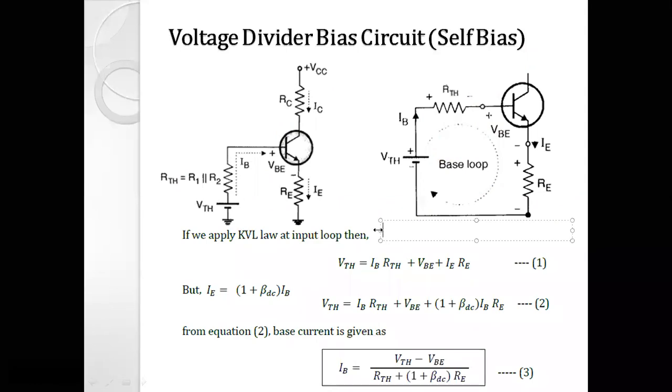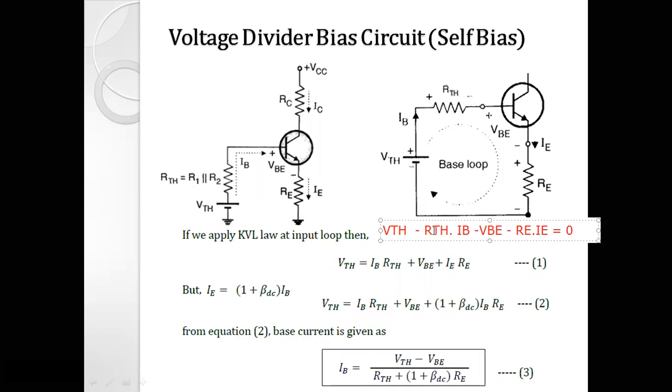Here VTH, our Thevenin equivalent voltage, then the drop across the RTH resistor, so RTH times IB, the current flowing through it, the drop across the base emitter junction, that is VBE, and then the drop across RE resistor due to IE current, is equal to 0, right? So this is what we get when we apply KVL at the input side.